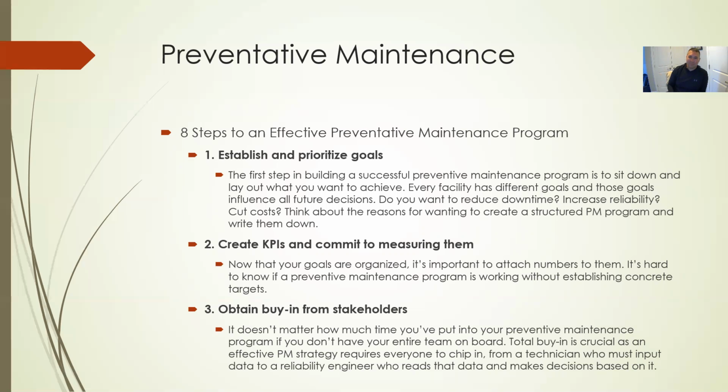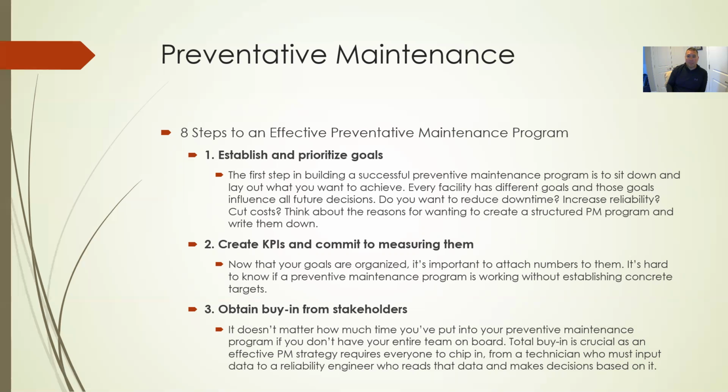So that's the type of thing, establish what the goal is in the business to create your preventative maintenance. So build a successful preventative maintenance program, sit down and lay out what you want to achieve, right? Every facility is different, so it's all that type of thing. Write it down, look at it, show it on a piece of paper.